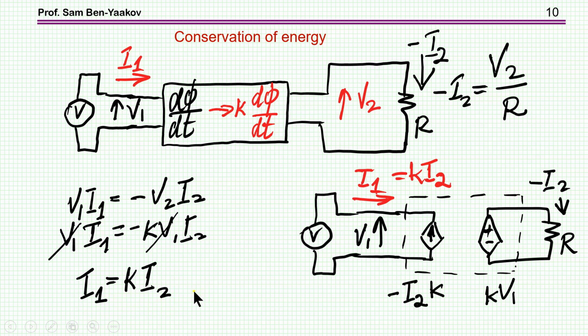Lenz's law is in fact based on conservation of energy. This is why there is this coupling between the two currents. So now we understand that aside from the output dependent source, we have a current dependent source, the value of which depends on the secondary current times this same k.